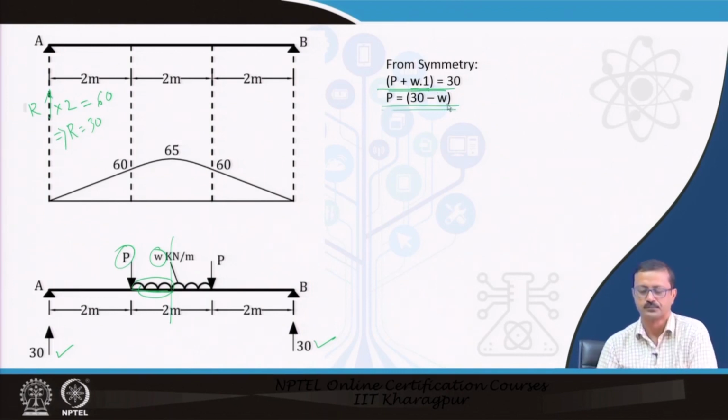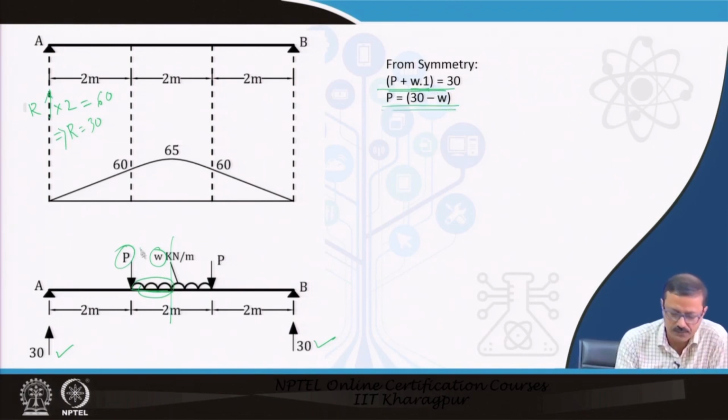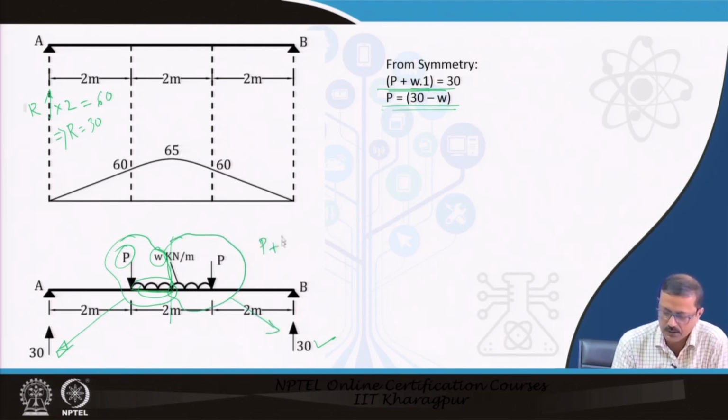The half of this portion load must be equal to this reaction. Half of this load is P plus W into 1 meter, which must be equal to 30. That is what I have written over here. So, P equal to 30 minus W.